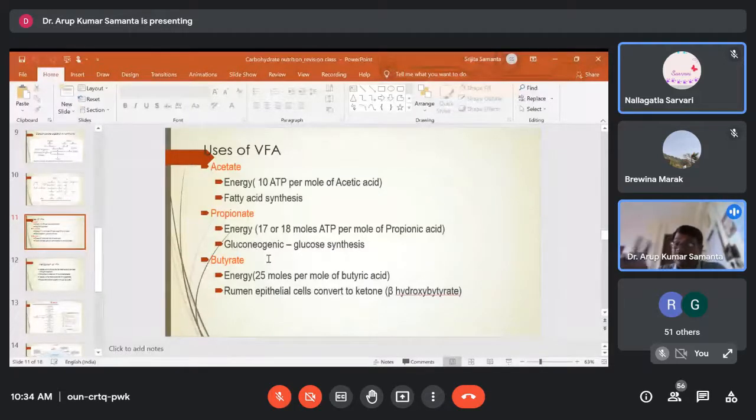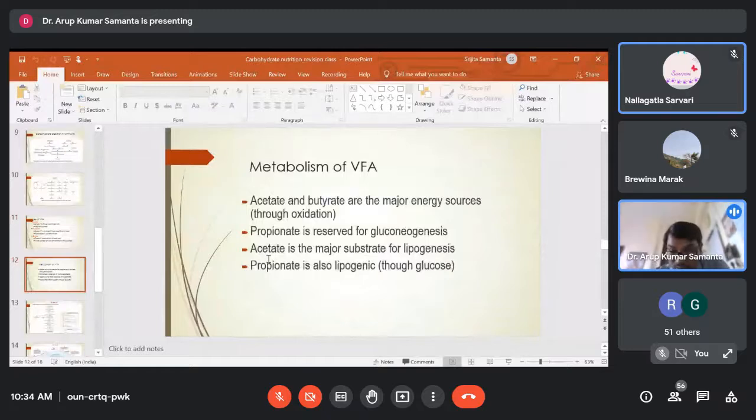Then another important question which is generally asked: when these volatile fatty acids are produced in the rumen, what will be their fate? Definitely the three different volatile fatty acids will cross the ruminal wall and be in the blood circulation. Now the question is whether they cross the ruminal wall as such, or there are some changes in the ruminal wall.